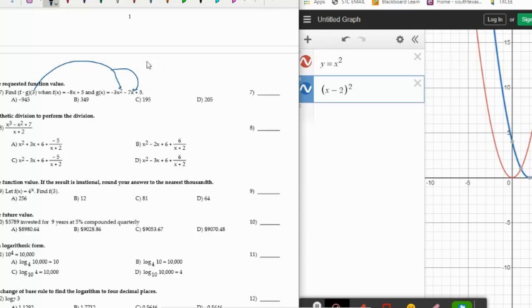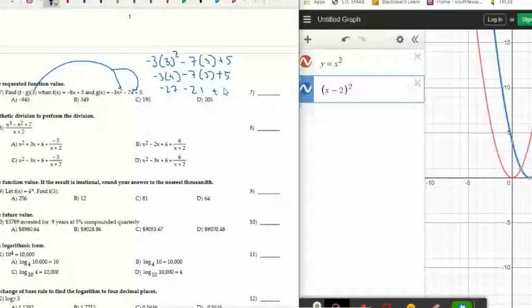Okay, so we have 2 of them. -3, 3 squared, minus 7 times 3. So this is -3 times 9. This is -27, -21 plus 5. This is -49. Nope, 48, plus 5. And then this would be -43. So we're not done.